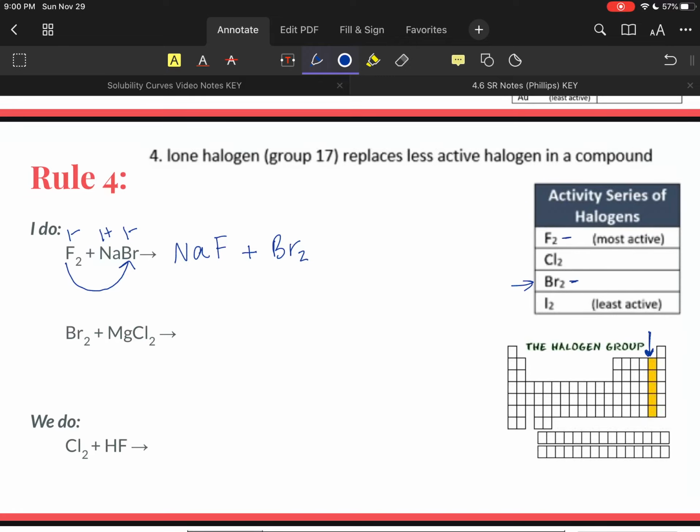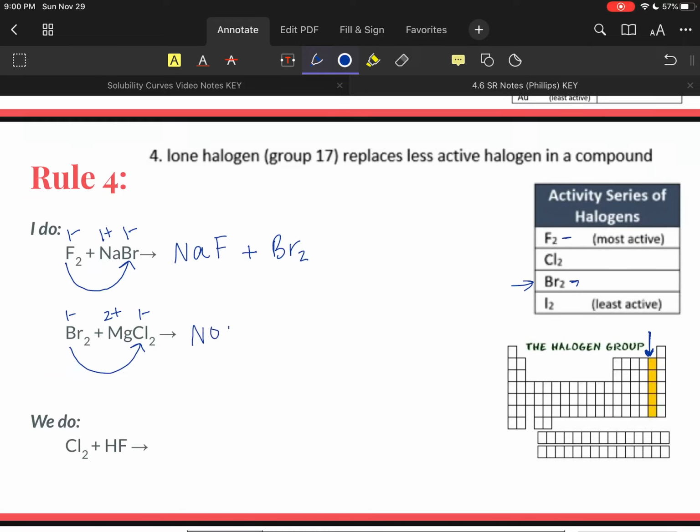Okay, so here I'm going to look here. Bromine is going to swap with chlorine. I know that because I'm looking at my charges. My anion is going to swap with my anion, negative with negative. Is bromine more reactive than chlorine? No, it is not. Bromine is below chlorine.